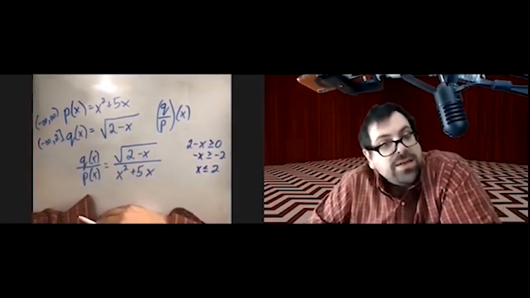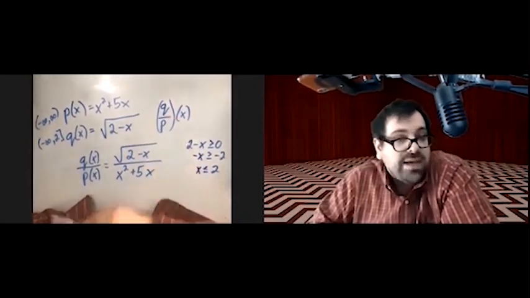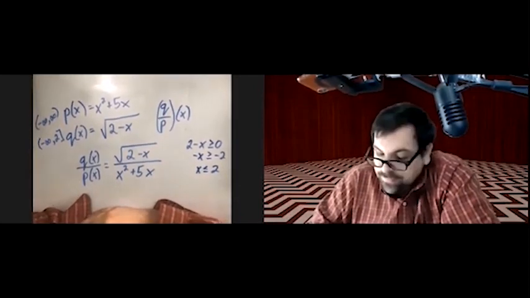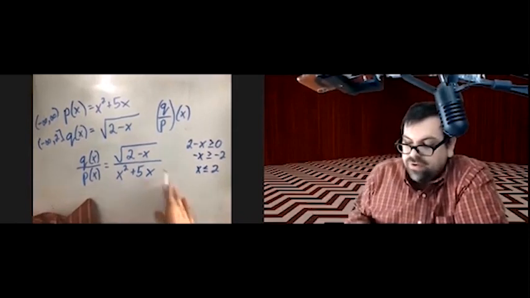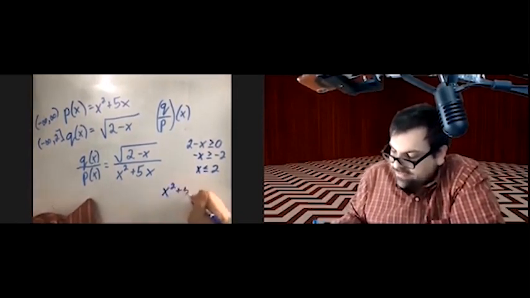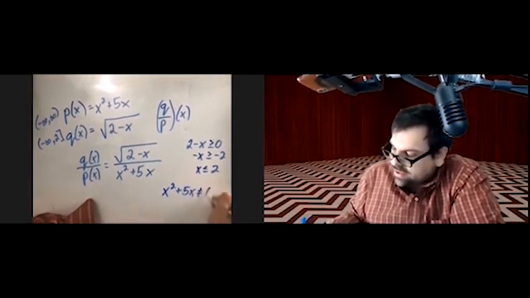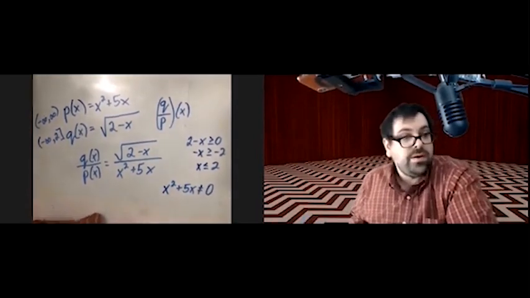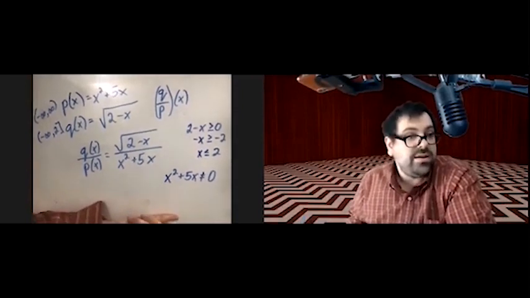But there is something else we have to consider besides just the domain of each of these. The bottom of the fraction can't be equal to 0. x squared plus 5x cannot be 0. How do we solve that?